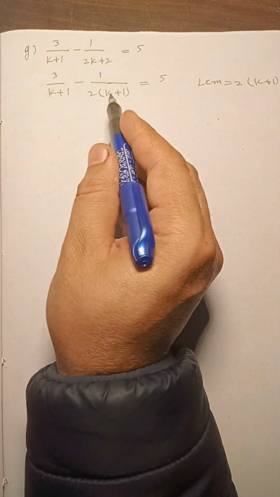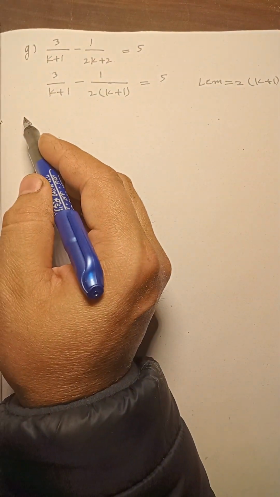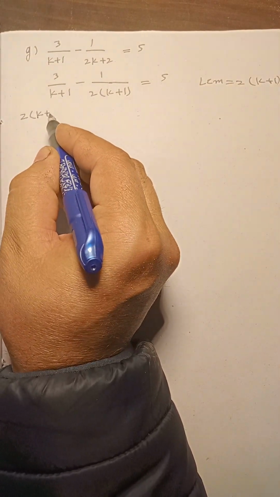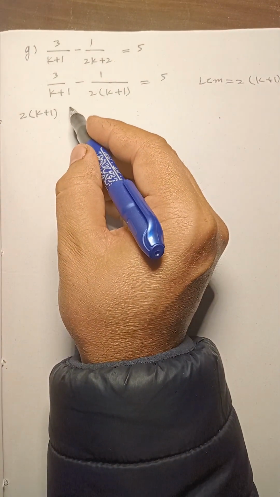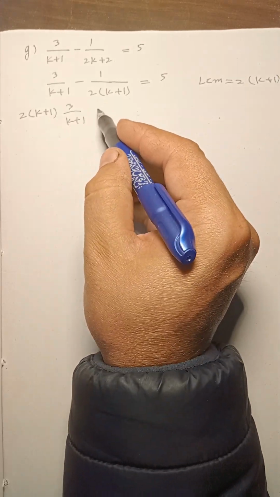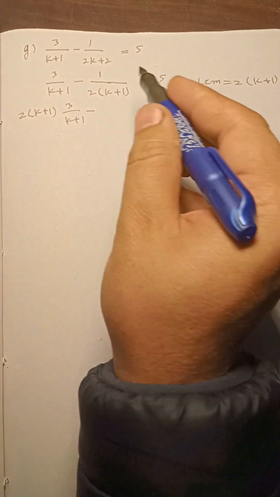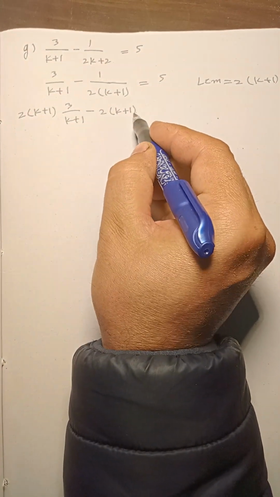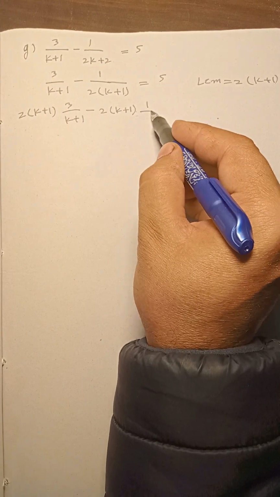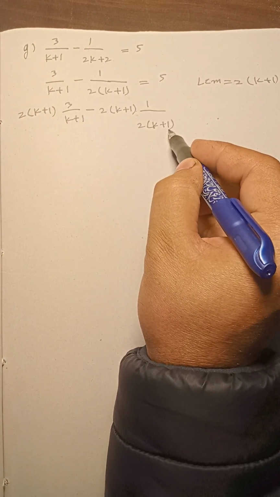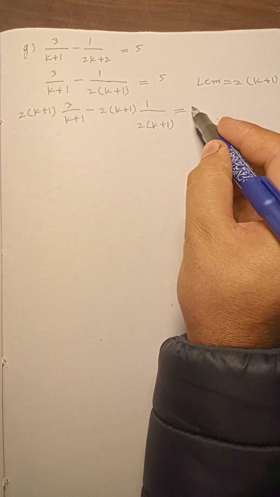Multiply the whole of these fractions with the LCM, multiply 2 into k plus 1 and 3 over k plus 1 here. Then again write this LCM here, 2 into k plus 1 and 1 over 2 into k plus 1 here is equal to 5.